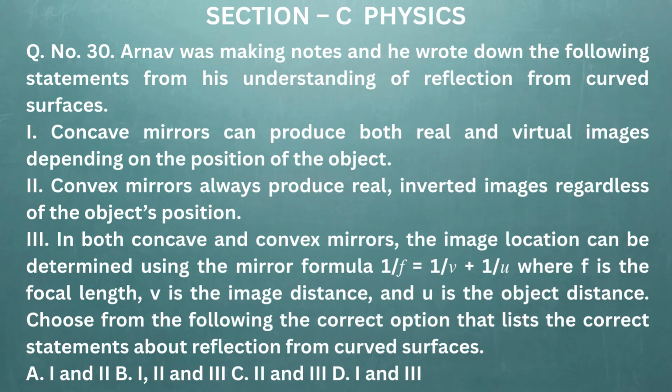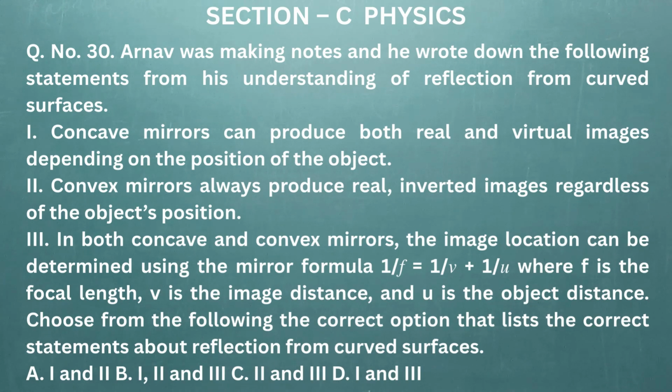Arnav was making notes and he wrote down the following statements from his understanding of reflection from curved surfaces. First, concave mirrors can produce both real and virtual images depending on the position of the object. Second, convex mirrors always produce real inverted images regardless of the object's position.